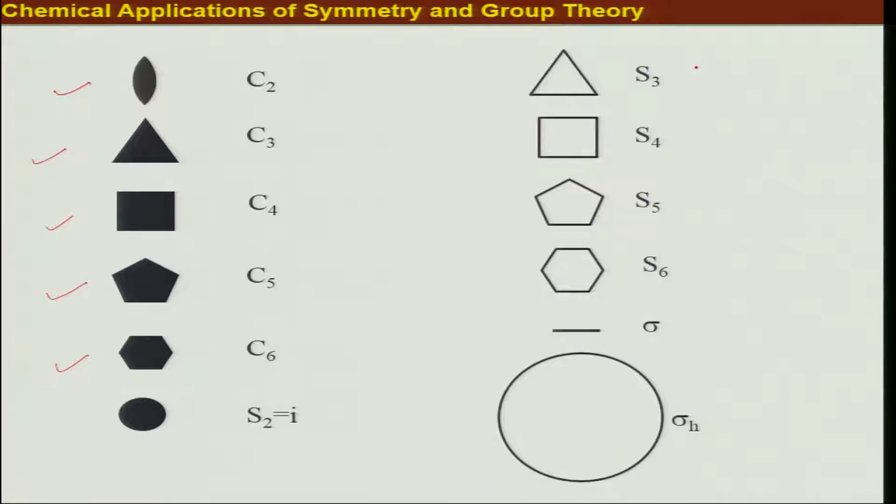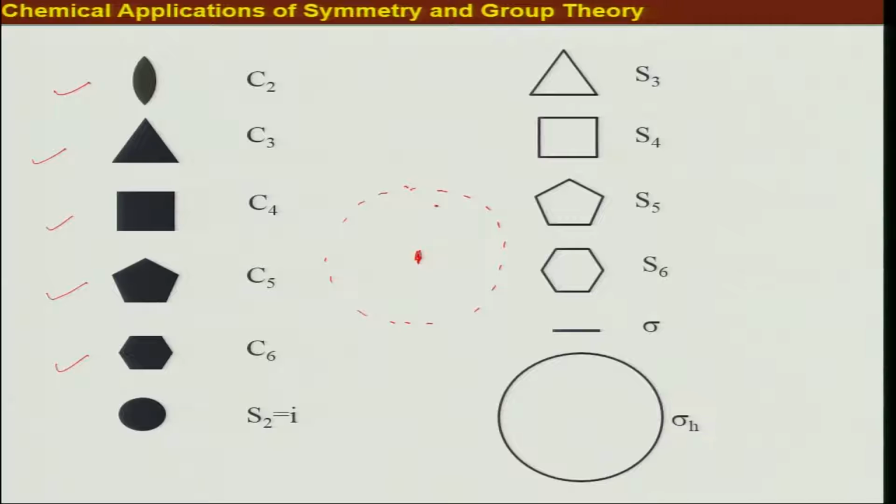Now, any sigma plane is given by a solid line. So let me clarify these things a little bit here. Suppose this is my working area, and I find out that there is a C2, which is a proper axis of symmetry, which is here. Then we mark it here, so that it means that there is a C2.